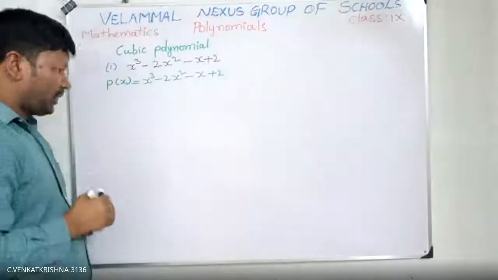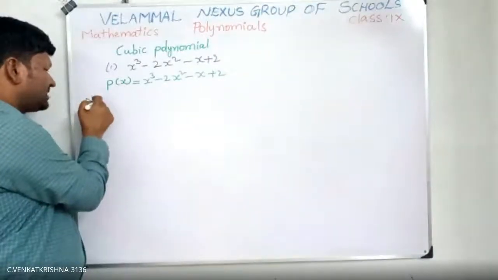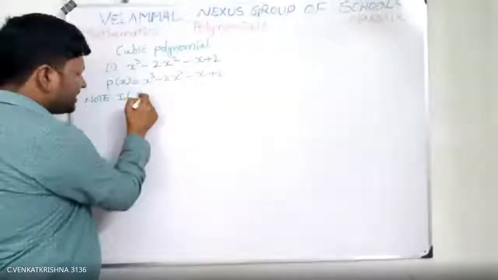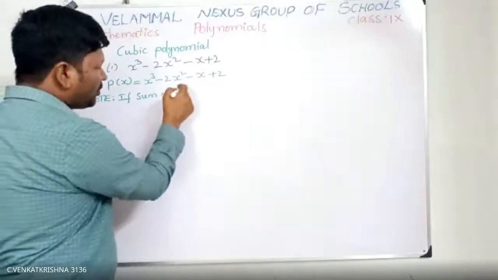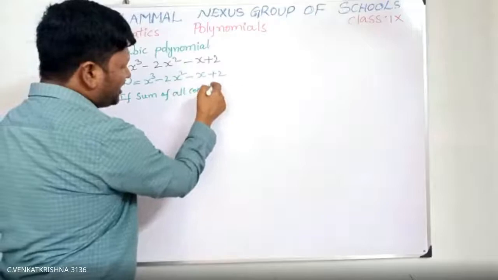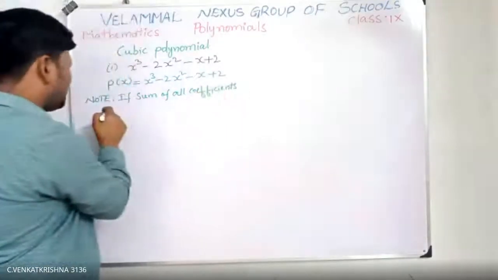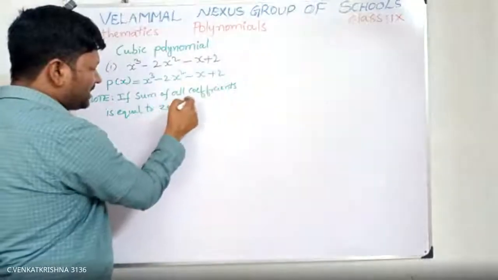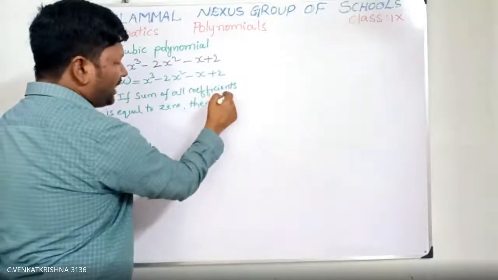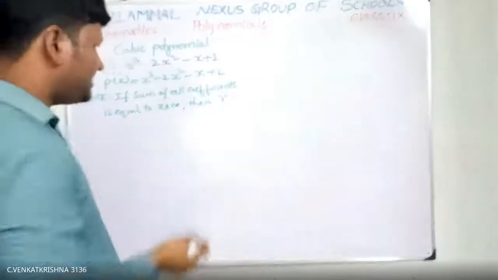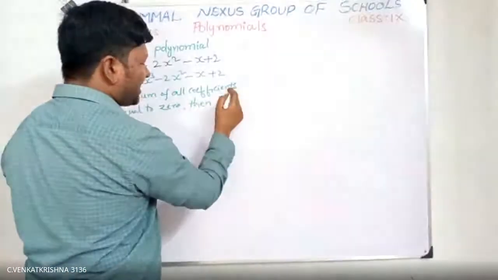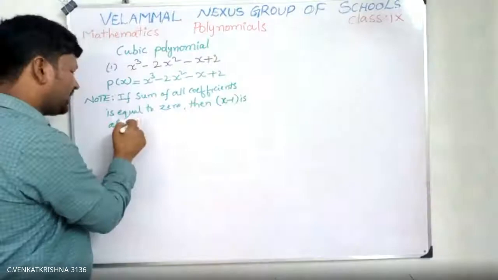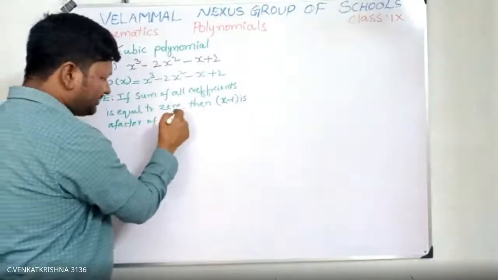Here is one more very, very important point. By observing the question itself, if the sum of all coefficients is equal to 0, then 1 is a factor. That means x minus 1 is a factor of p of x.